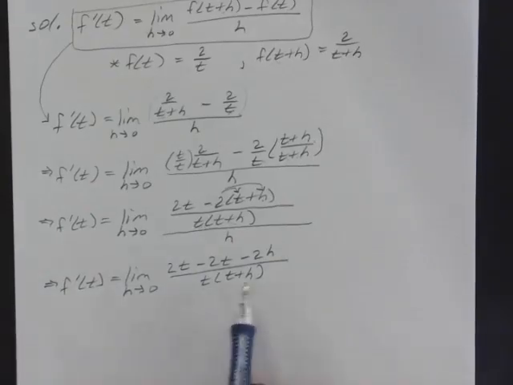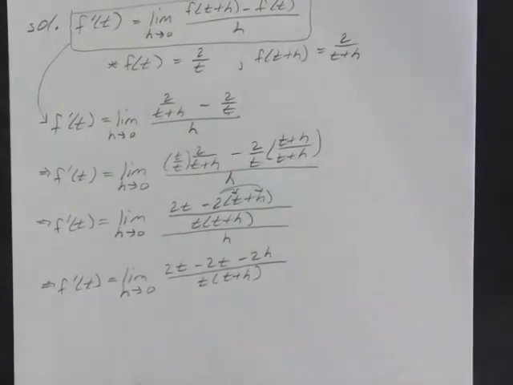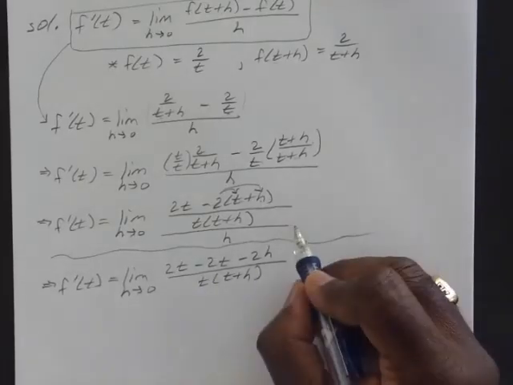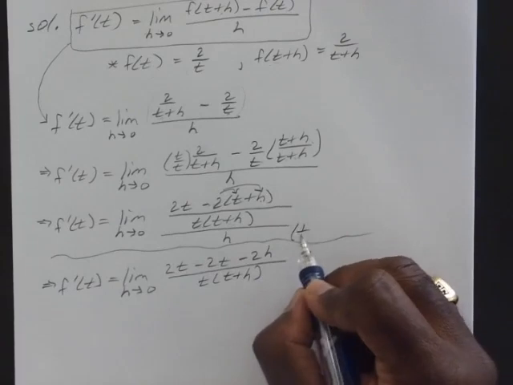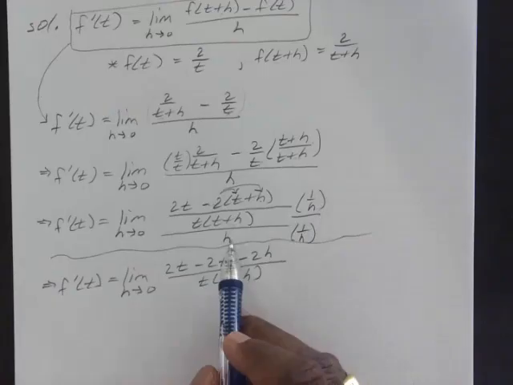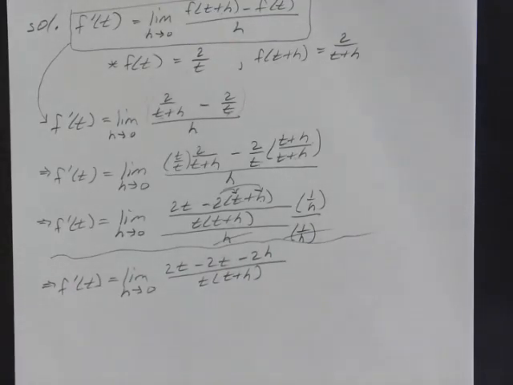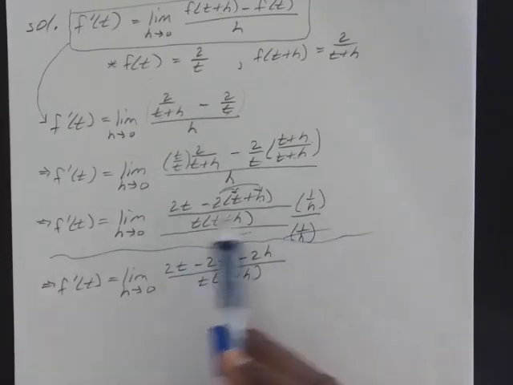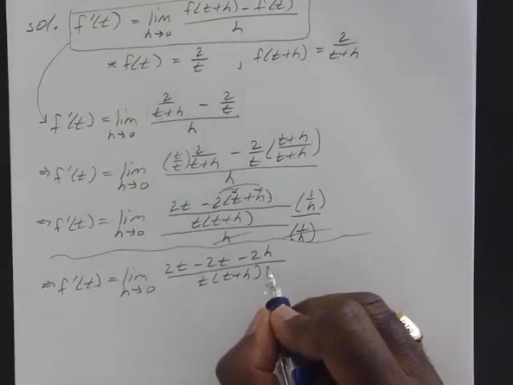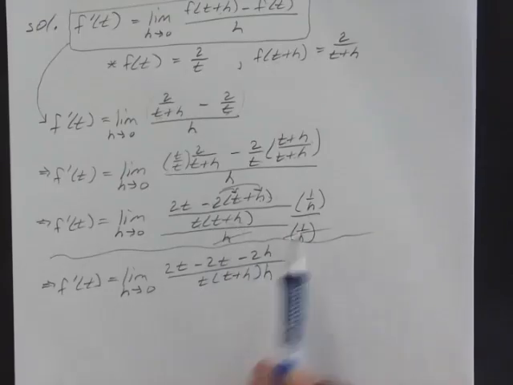And we're not going to divide all of that by h, but what we're going to do, I made that a little too close, let me give that a little room, is we're going to multiply this numerator and denominator by 1 over h. So h times 1 over h is 1, so those two disappear. So multiplying this numerator by 1 over h just puts our denominator h down here, because it's t times t plus h times h.